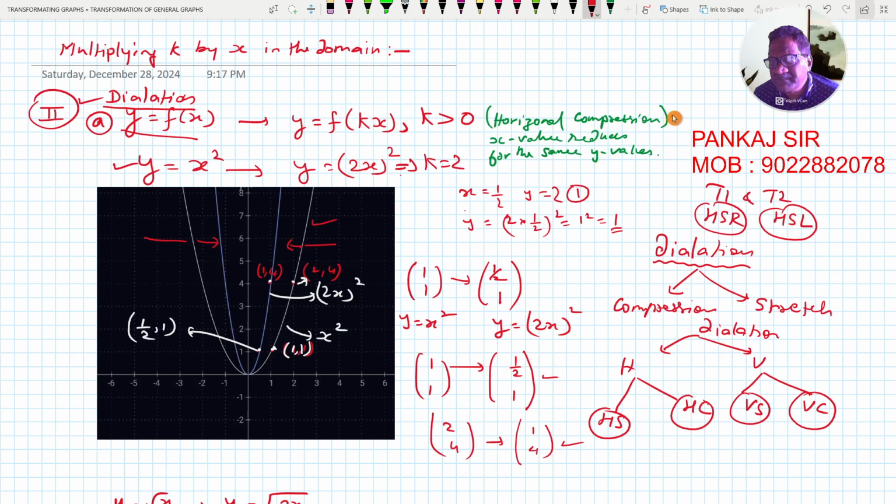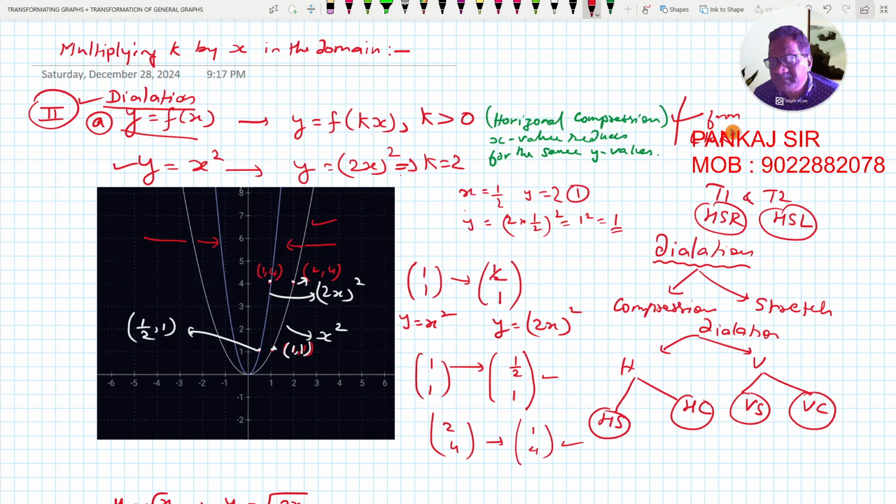So I think you must have understood the meaning of horizontal compression. The graph will be getting compressed in the horizontal direction, from left to right. Horizontal compression is nothing but from left to right the graph will get compressed, and the other things are going to remain the same, that is there will not be any change in the vertical direction.